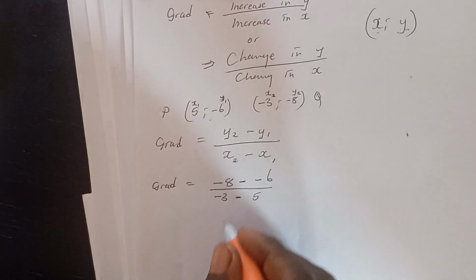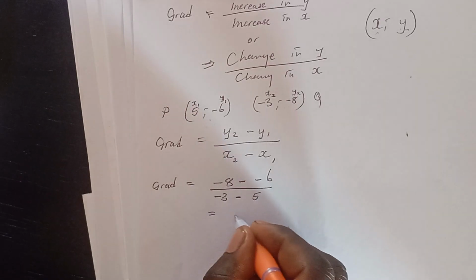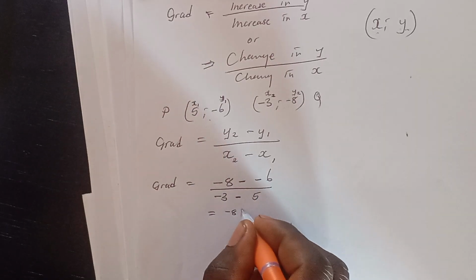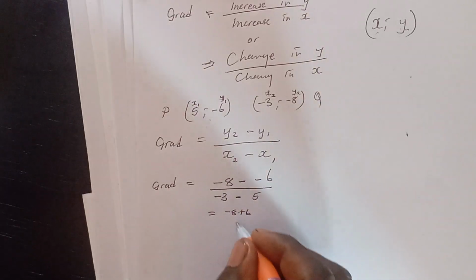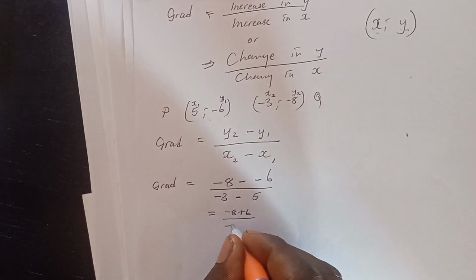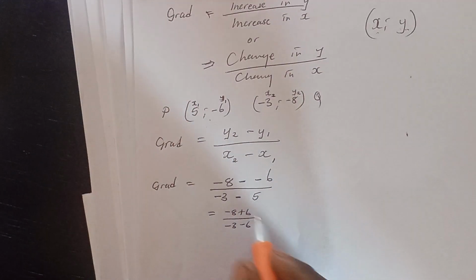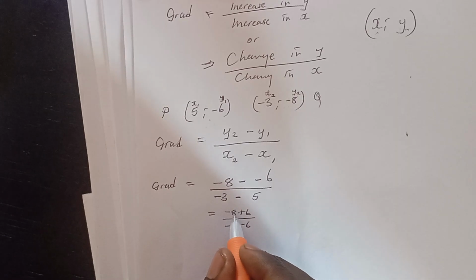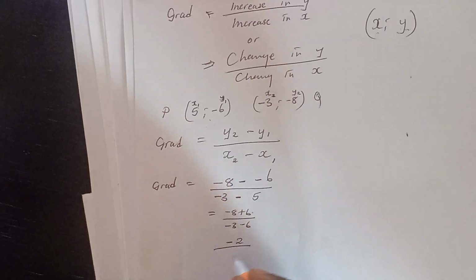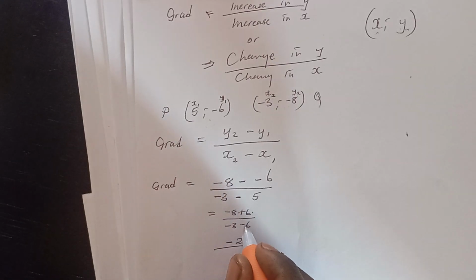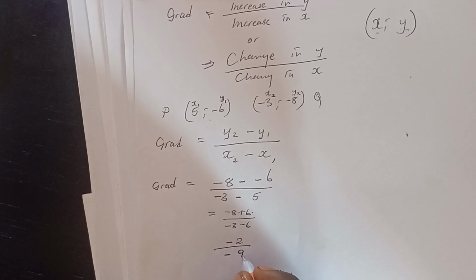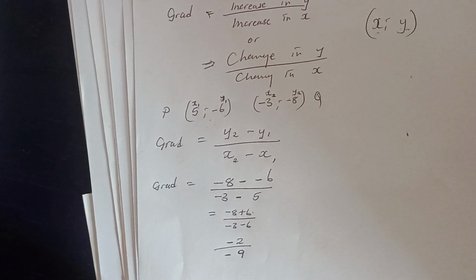So we simplify to minus 8 plus 6, double negative gives us a positive, minus 3 minus 6. If we simplify minus 8 plus 6, it gives us negative 2. These are directed numbers. Negative 3 and negative 6 gives us negative 9.